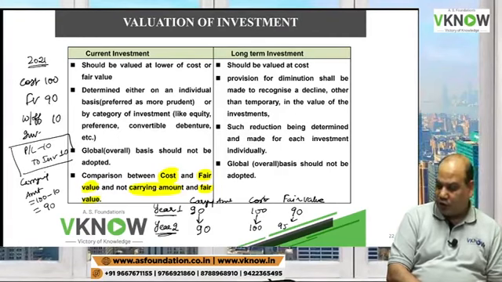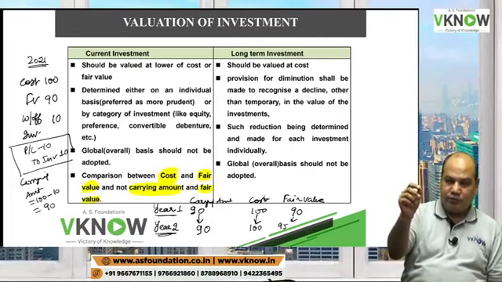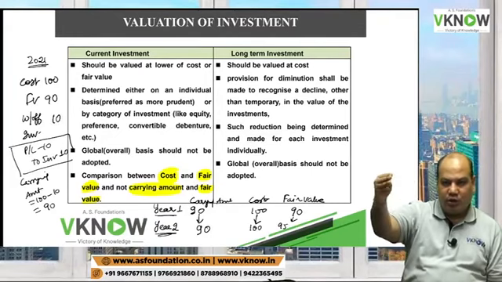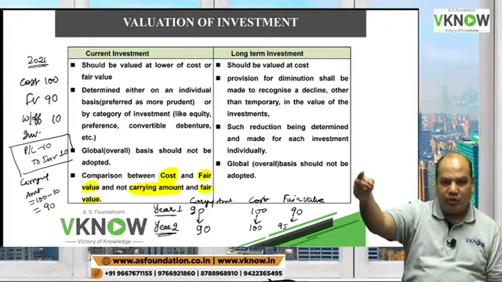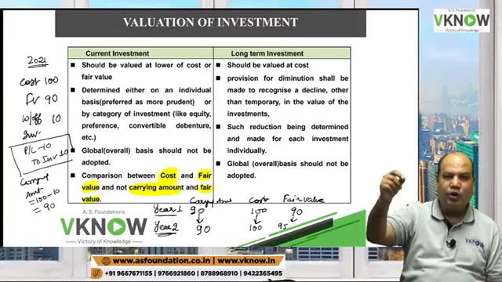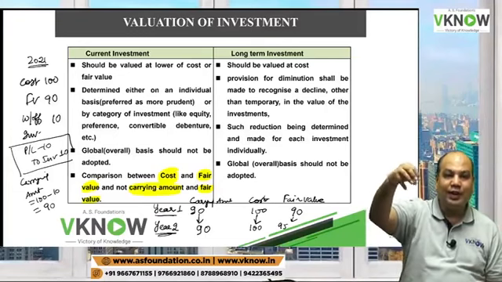So all of you understand, in year 1, originally cost was 100 rupees, fair value was 90. I have written off 10, so my carrying amount became 90. Next year, my carrying amount in the books right now is 90 rupees.